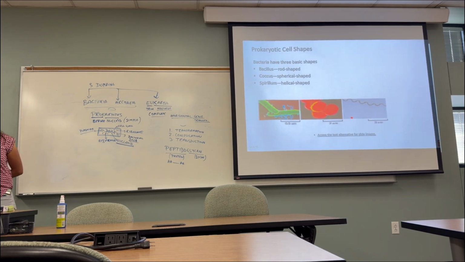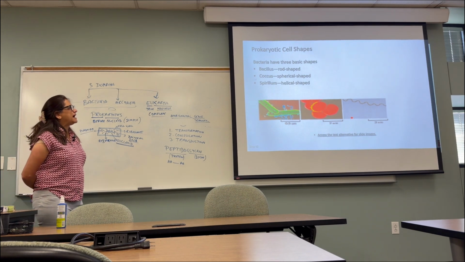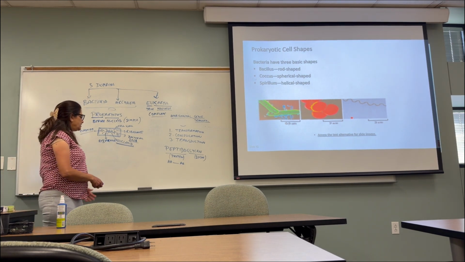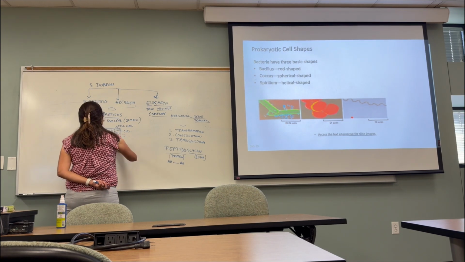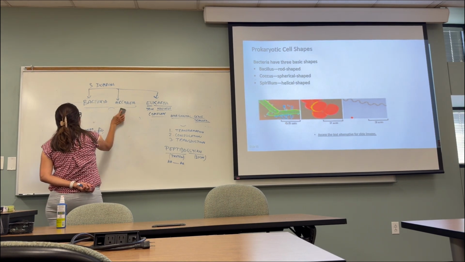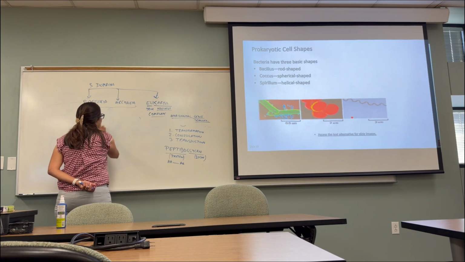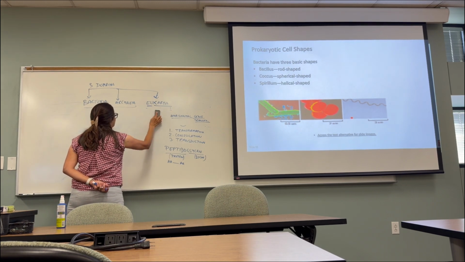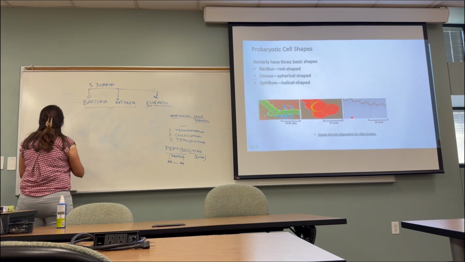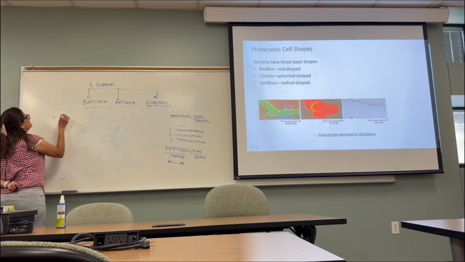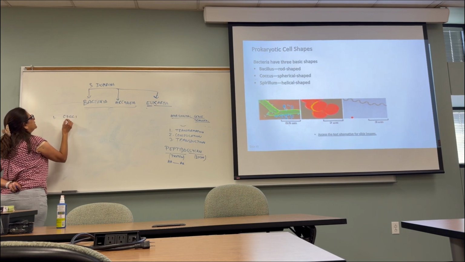Now, what are the shapes of bacterial cells? There are three different shapes. First is cocci.